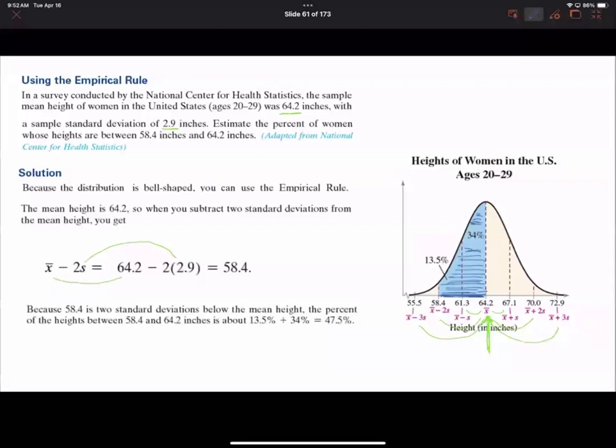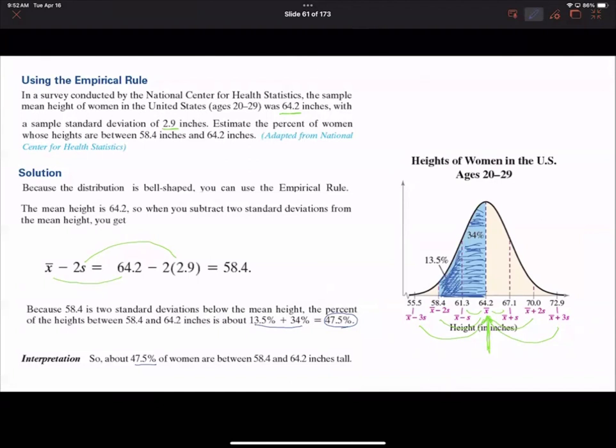You're going to add this little area, which is 13.5%, plus 34%. If you add them together, you get 47.5%. What's the meaning of that? It means that about 47.5% of women are between 58.4 inches and 64.2 inches tall.